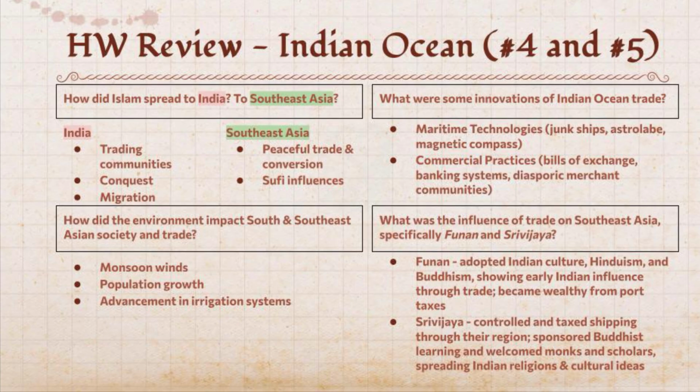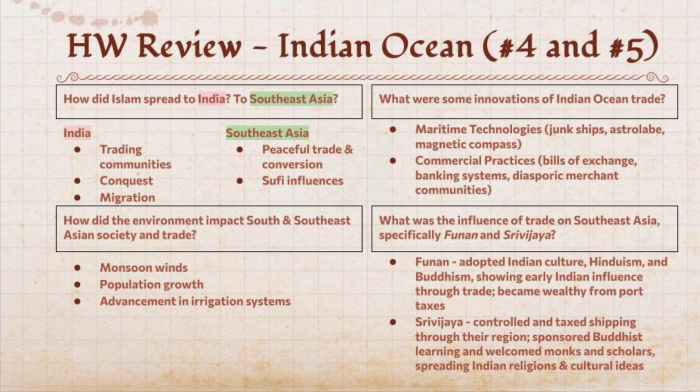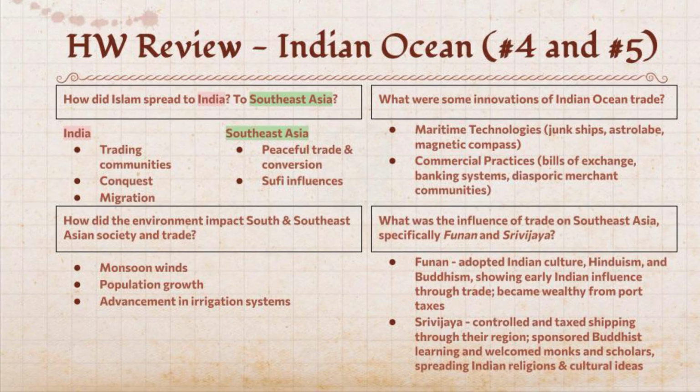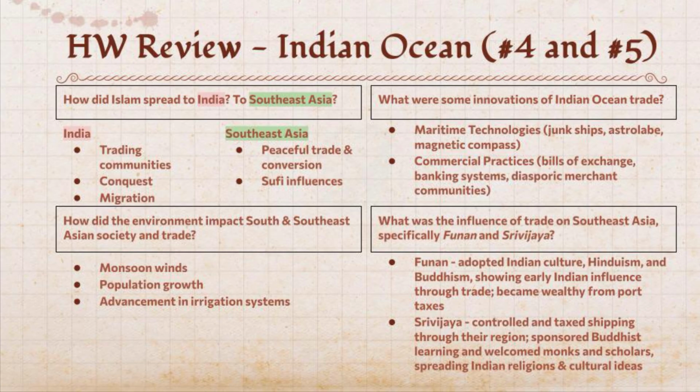Srivijaya is going to control and tax shipping through the region, which is basically going to make it a choke point for global trade. And most importantly, they're going to sponsor Buddhist learning and welcome monks and scholars, spreading Indian religions and cultural ideas. And from all of these influences, they are going to grow rich and become a cosmopolitan city due to Indian Ocean commerce and Chinese trade connections.